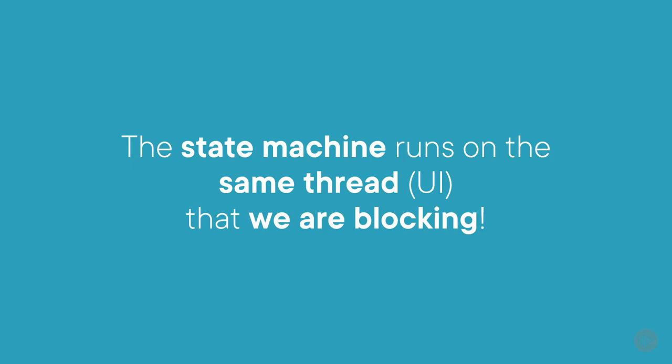This means the state machine is being executed on the UI thread because the call originates from the UI thread in the search click method. If that's the case, this means that we're blocking the UI thread so it cannot proceed to execute the state machine, which means that the asynchronous operation cannot communicate back to the state machine when it completes.